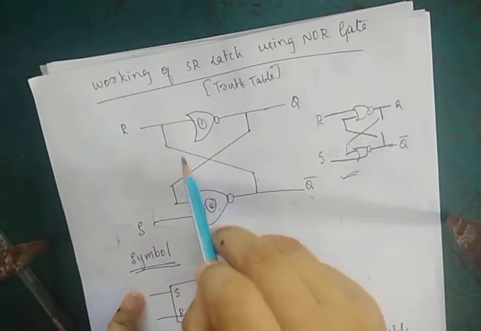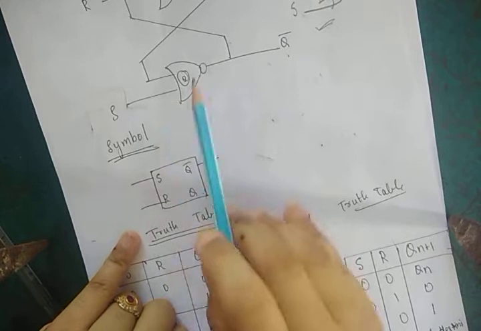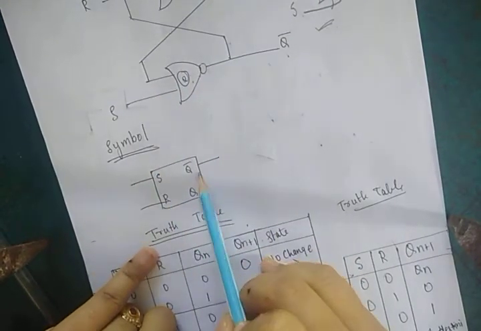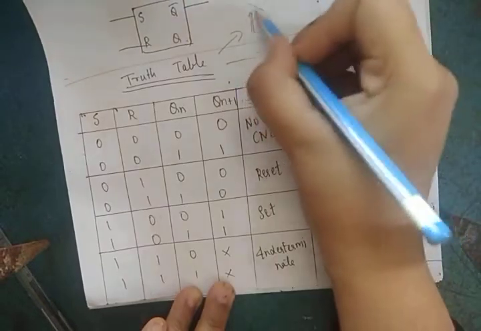So this is a simple NOR gate latch, and I'll show how the truth table actually works. This is the simple SR symbol with S and R. S is connected to Q bar, R is connected to Q. Coming to a very important truth table, concentrate.